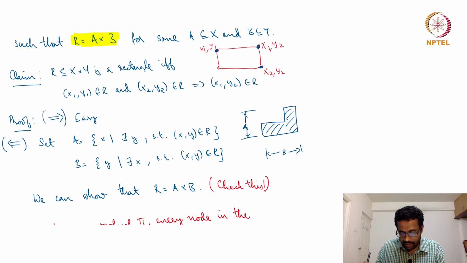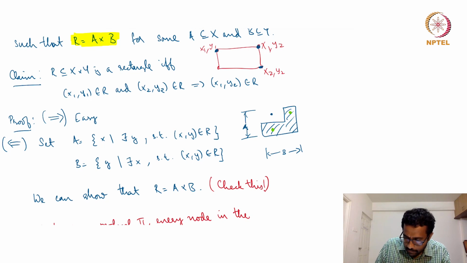Why is that? Let's say we want to show that R cannot be an L-shaped thing. So consider a point outside this. Now, maybe I'll take a different color, green. There is this green point here that is in R, and another green point here that is also in R, because otherwise this blue point would not be in A cross B. The x coordinate of the blue point was in A because of some point, and similarly for the y coordinate.